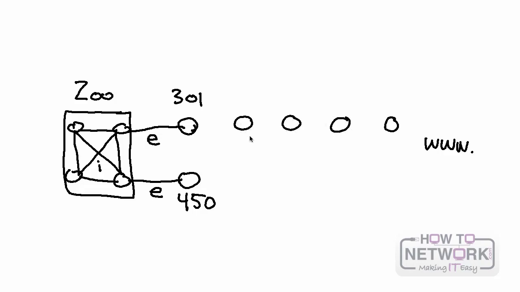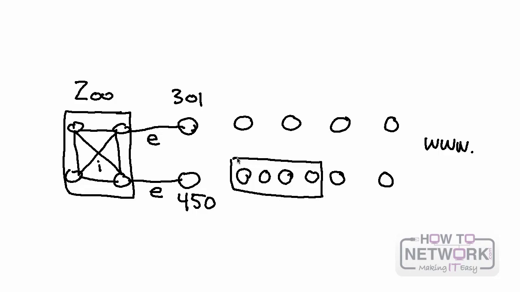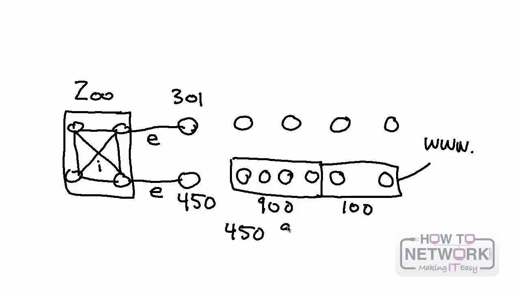Now, let's say we want to communicate to a web server over the internet, and we have a certain number of hops. Let's say one of those paths through AS 450 takes us through quite a few more hops, but it takes us through fewer ASs. So let's just say, for example, we go through AS 900 and then AS 100. So that's 450, 900, and 100. Those are the three ASs we traverse in order to reach that route.